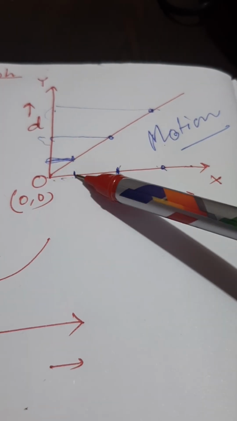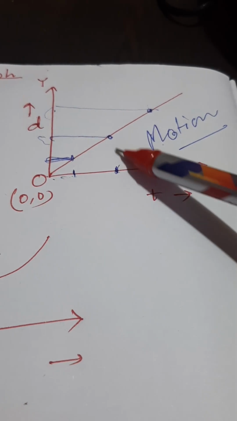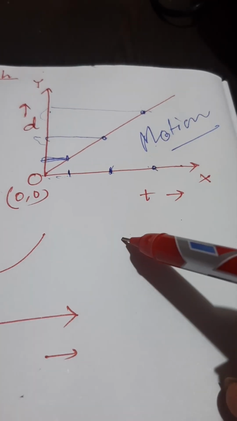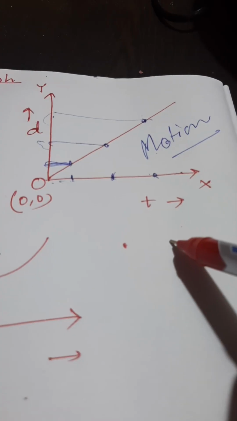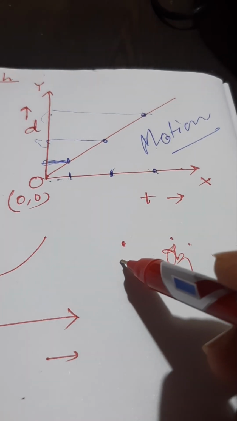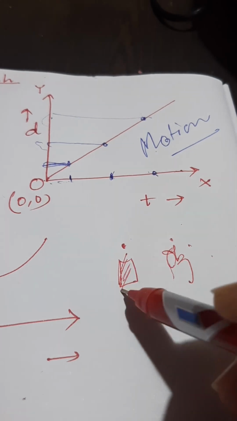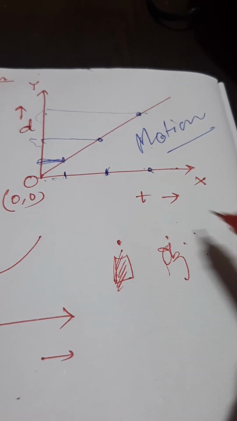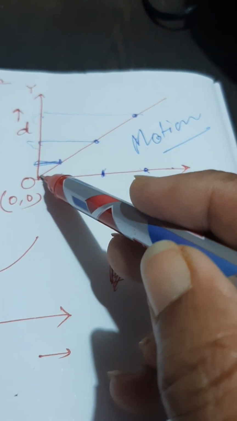You see, with the change of time, the distance is also changing. What does that mean? From some reference point, this object has a change in distance and that change is uniform, you see.